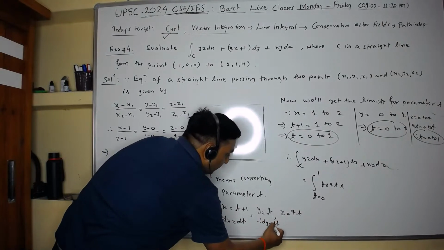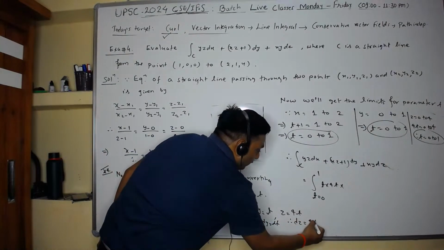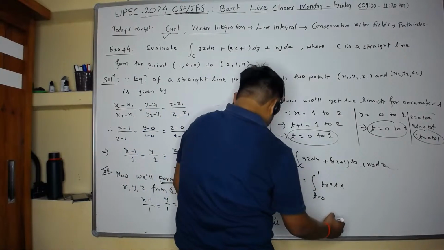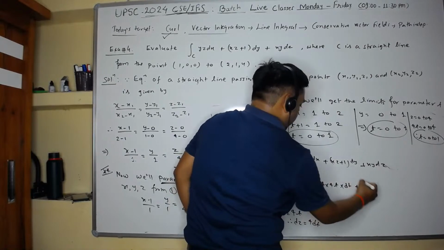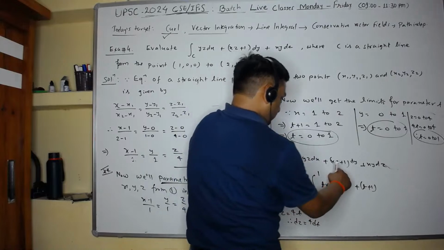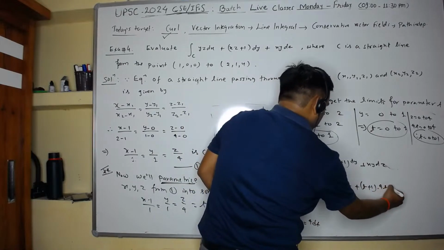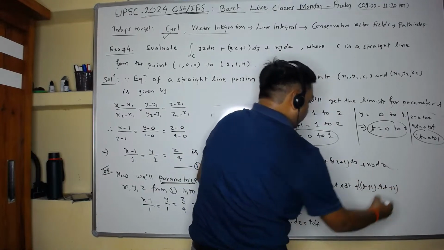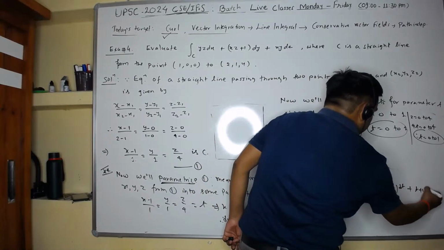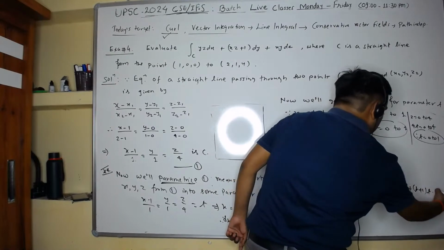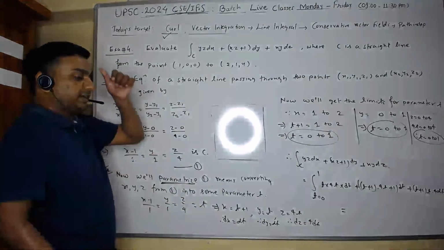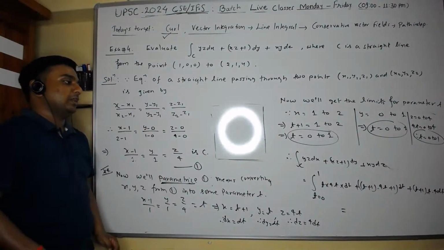So dy will be dt. So dz will be 4 dt. Right? अभी यहां पर वैल्यू पुट कर देंगे. dx is what? dt. x is what? t plus 1. Right? z का वैल्यू 4t plus 1. dy is what? dt. Plus x into y, that is t plus 1 into t. dz का वैल्यू 4 dt. So whatever the value you are getting for that integration, that is the required value.